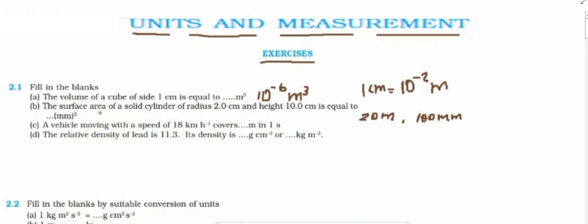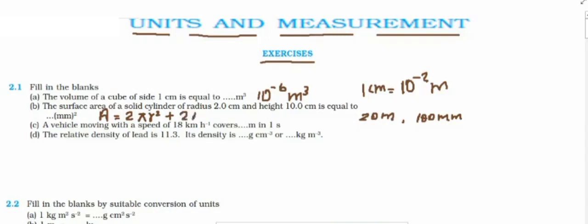Surface area of the cylinder is, we have two cross sections having area pi r square each, plus we can have the curved part of the cylinder.